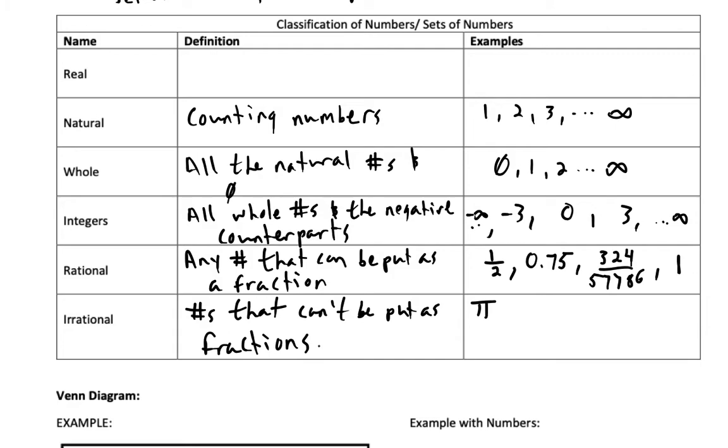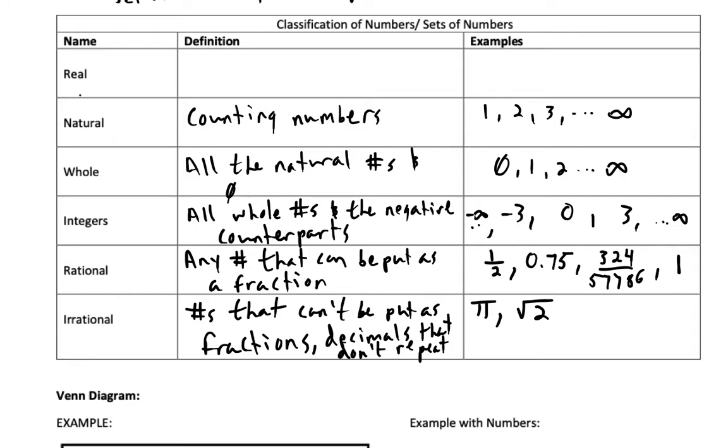Another way of saying they can't be put as a fraction is they're decimals that never repeat. Another one that's actually very famous is the square root of 2. If you put this into a calculator, you'll see you get 1.717, and it'll keep going. You won't see any of the numbers repeating.